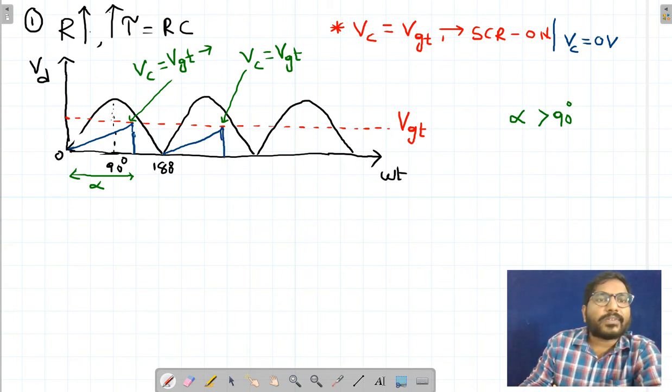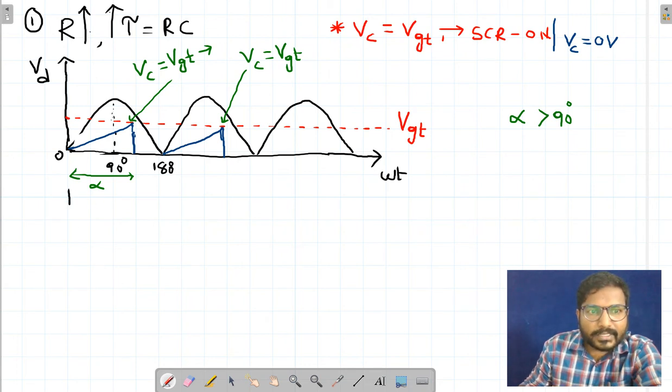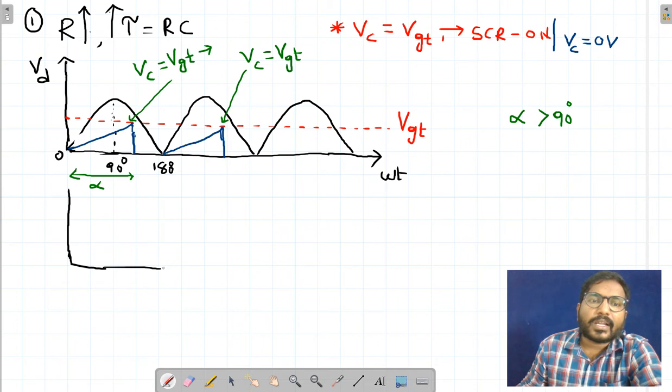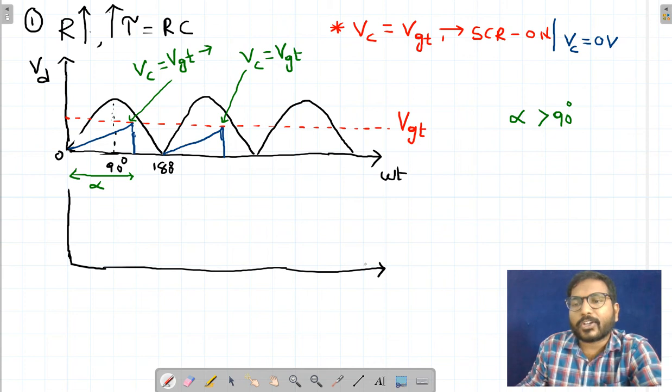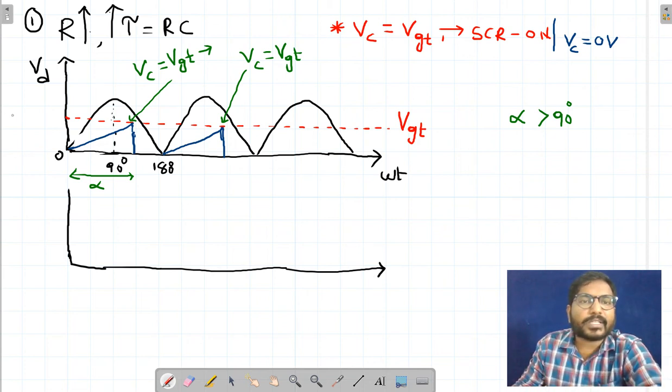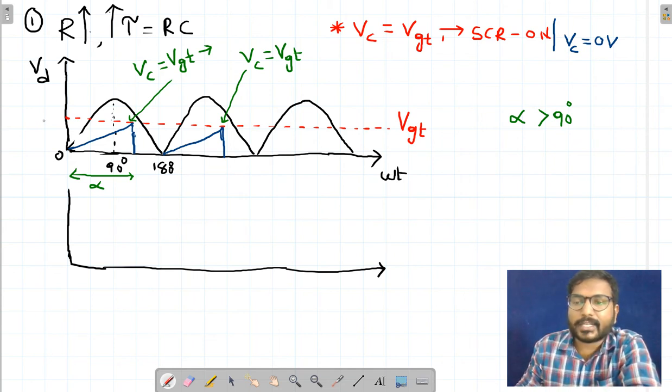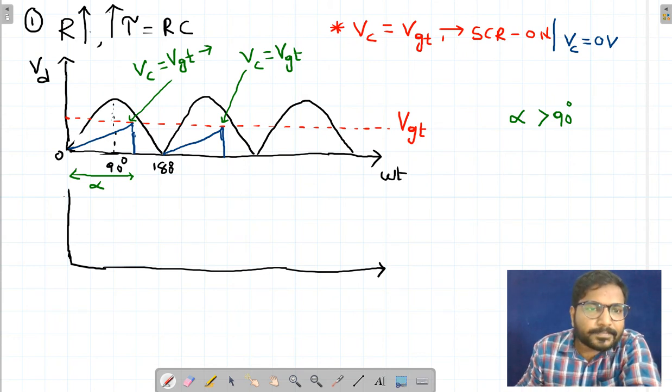And the next waveform: what is the voltage across the load? Now the SCR is turned on, there is a current passing through it. From the instant the SCR is turned on, conduction happens and voltage appears across the load, because V is equal to I into R, if I consider the load as a resistance. This is V naught, against omega t.